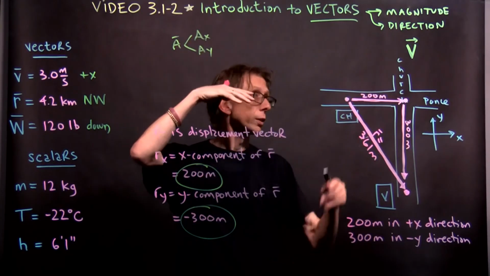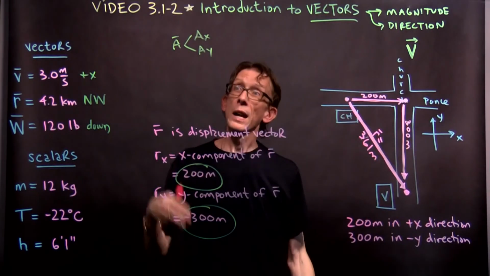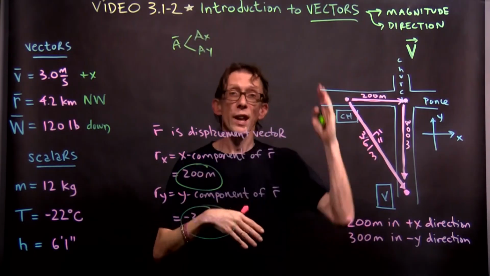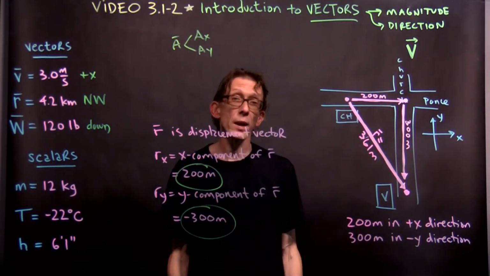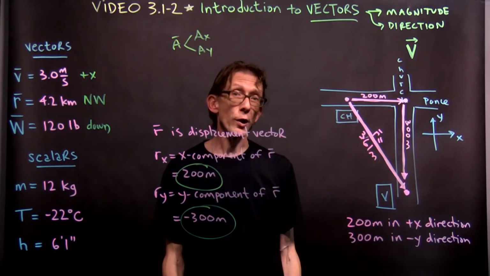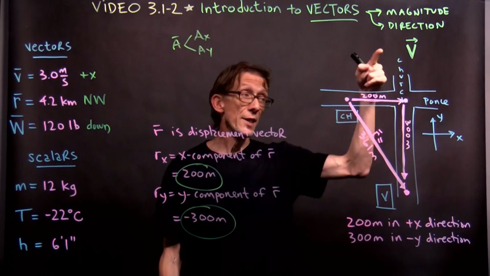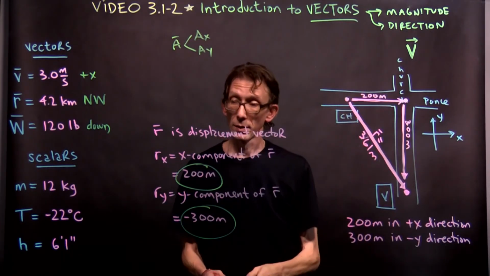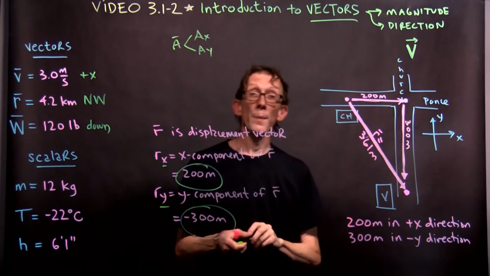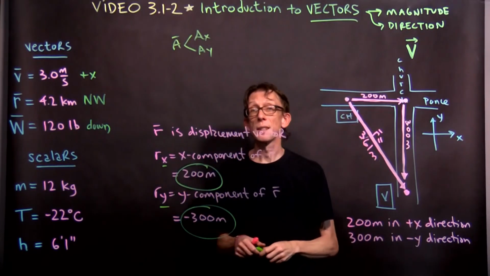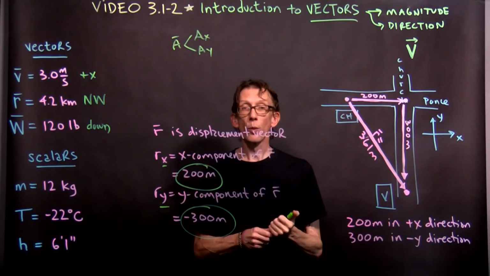If we call the vector alpha, we'd have alpha sub x and alpha sub y as the x and y components of alpha. So that's what components of a vector are: how far the vector goes in the x direction, and how far it goes in the y direction. When you see subscripts on a symbol like that, that means it is the component of that vector in those directions, x and y.